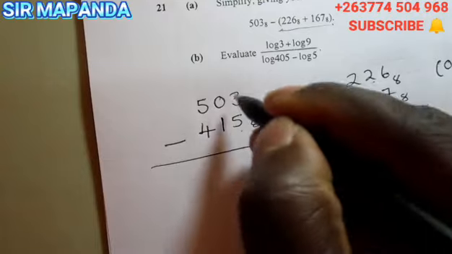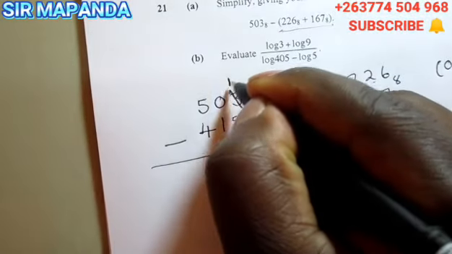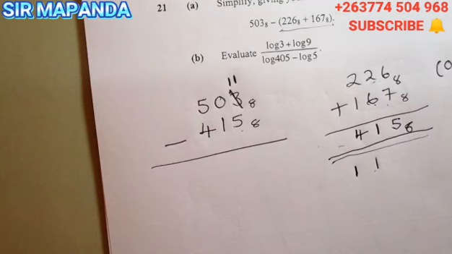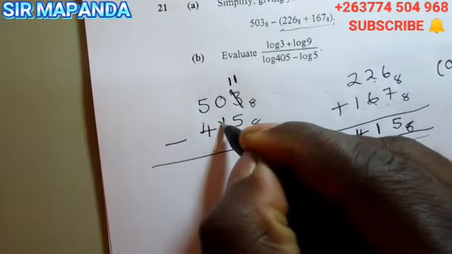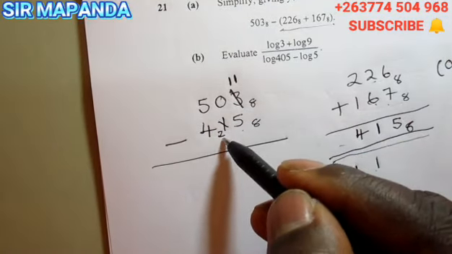So you cancel this 3 and boost it by the base 8. 8 plus 3 gives you 11. But whenever you boost the smaller number, you have to carry 1. So 1 plus 1, you get 2.